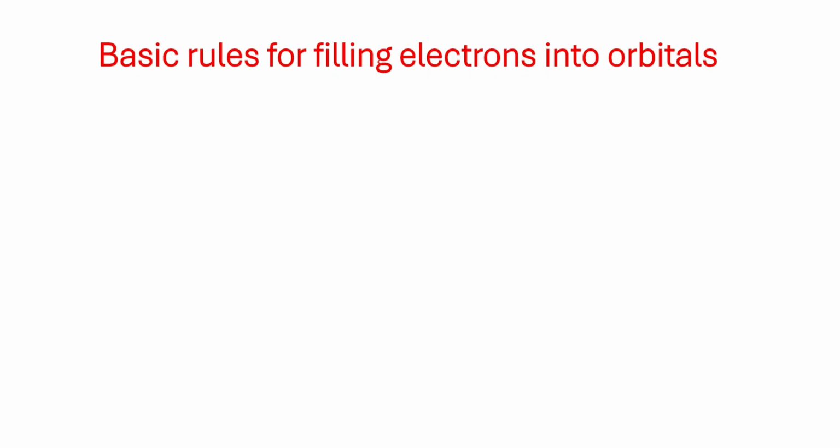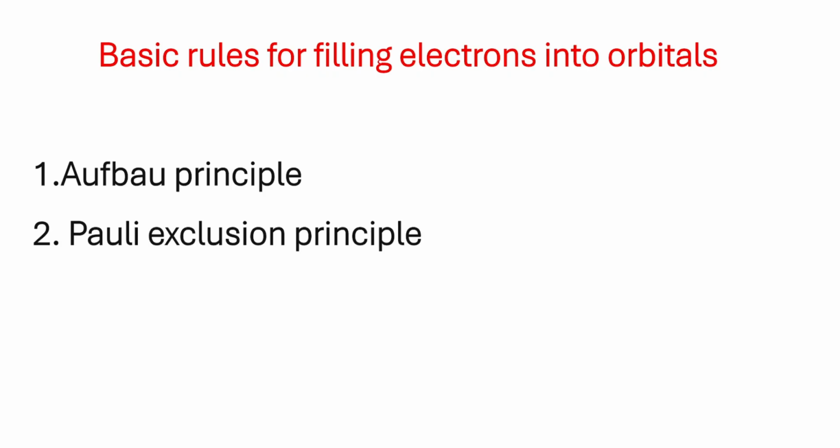The first is the Aufbau principle, which talks about lower energy orbitals being filled first. The second is the Pauli exclusion principle, which talks about two electrons occupying each orbital with opposite spins. And the last but not the least is Hund's rule, which talks about electrons occupying empty orbitals first before pairing.